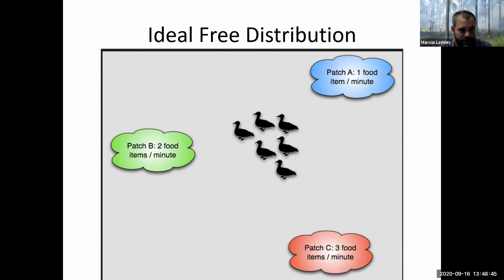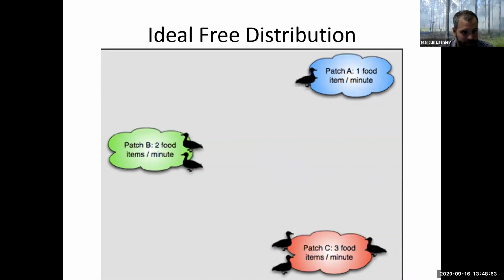So now we just think this one is 3 times as good as that one, and this one's 2 times as good as patch A. What we should expect in an ideal free distribution is for them to associate with those resources with a relative density that's similar, right? So we end up with 1 with the 1 food item, 2, and so forth. So that would be an ideal free distribution.